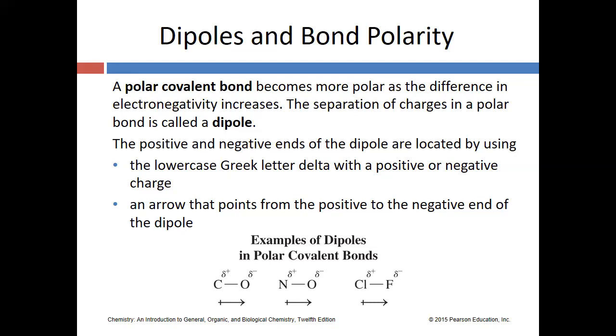When that happens, we have what is called a dipole, meaning I've got a positive end and a negative end in the same bond. And the negative end is always going to be on the more electronegative side.